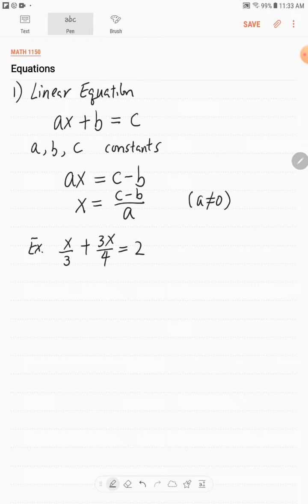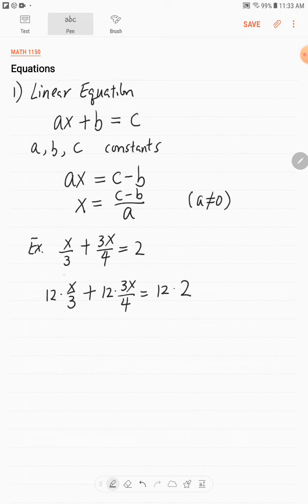We need to find the least common denominator. The least common denominator is 12. So we multiply 12 on both sides for each term. In other words, we multiply 12 for the first term and multiply 12 for the second term and multiply 12 on the other side.